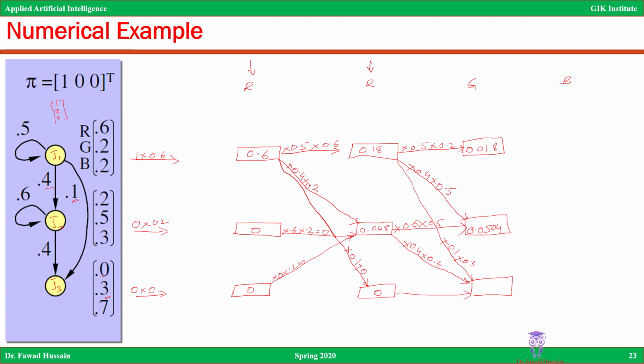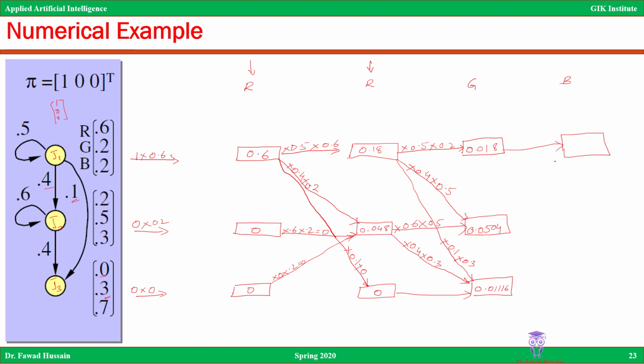So if you do this multiplication and this multiplication and add them together, you are going to get 0.0111.